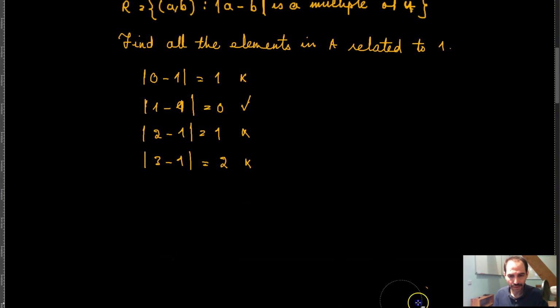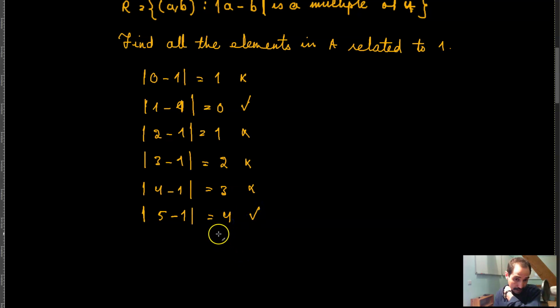If I go with a 4, then the absolute value of 4 minus 1 is equal to 3, which is not a multiple of 4. If I go with a 5, the difference of the two would be equal to 4, which is a multiple of 4.